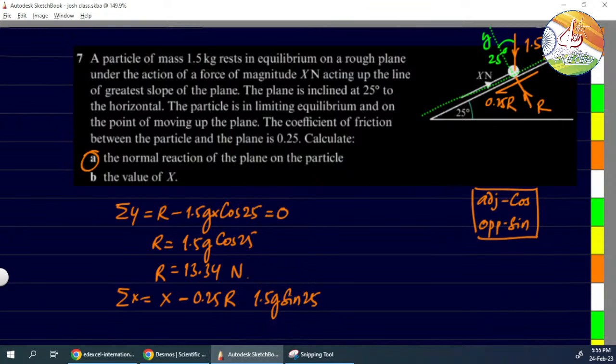And is this acting in the positive or negative direction? It is opposite to x, so this should be minus. Clear? So the total should be 0.